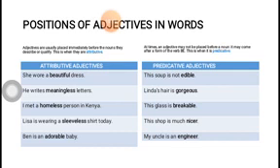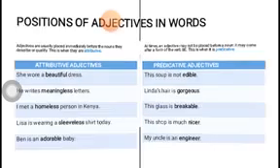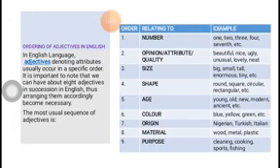Now, let's take a step further and look at how to order adjectives, how to arrange them. In the English language, adjectives denoting attributes usually occur in a specific order. In other words, our focus will be more on attributive adjectives and not predicative adjectives.